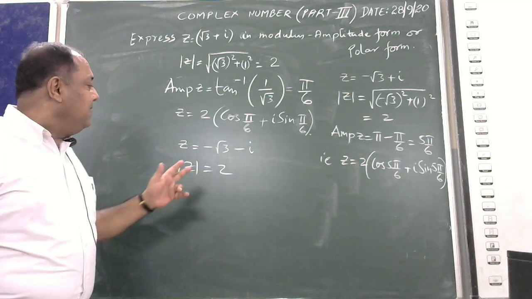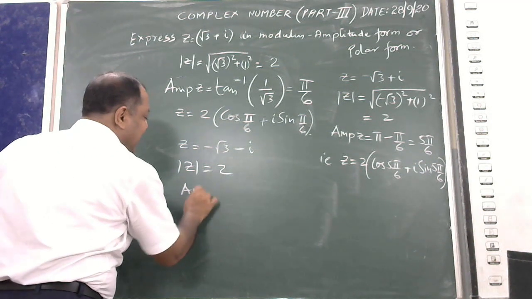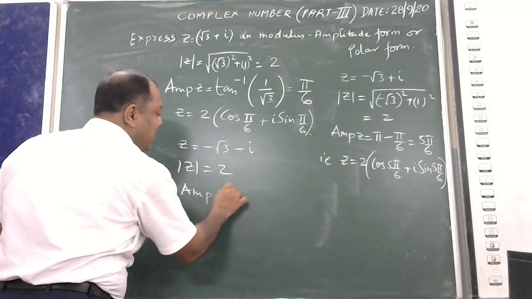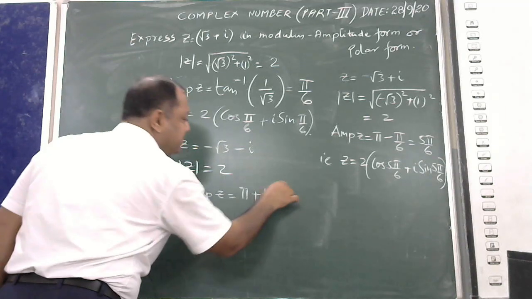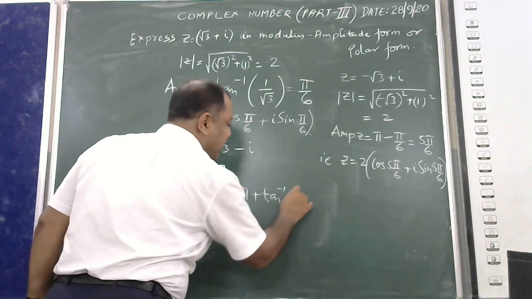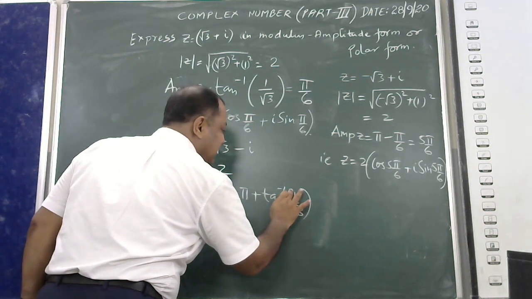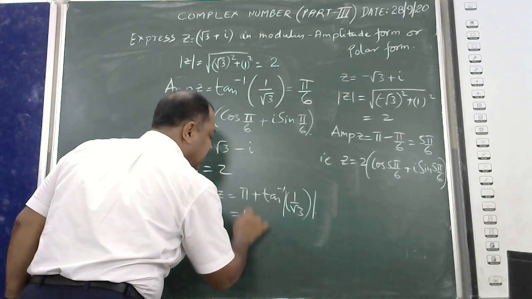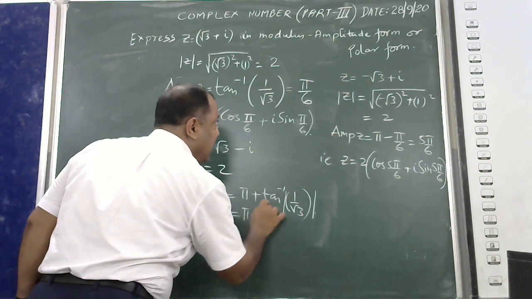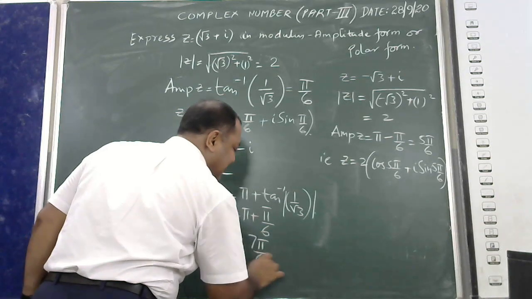Modulus is 2. But what is my amplitude of z? Amplitude of z would be pi plus tan inverse of 1 by root 3, considering the positive sign, is equal to pi plus pi by 6, which is 7 pi by 6.